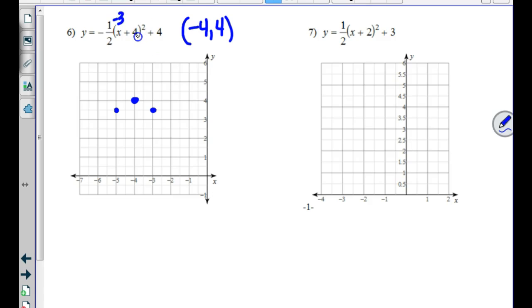Plus 4 is 1, squared is 1, times -1/2 is -1/2, plus 3 is 3.5. So -3, 3.5 works. All right, if I went out 2, I'd square it and normally get 4, right? But what's -1/2 of 4? So it's going to go down 2.